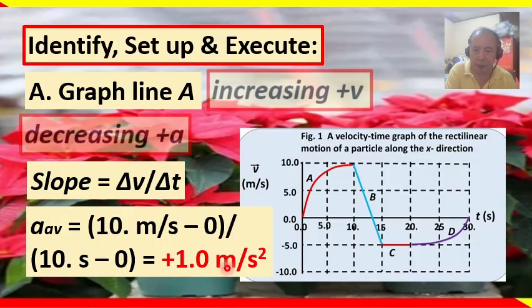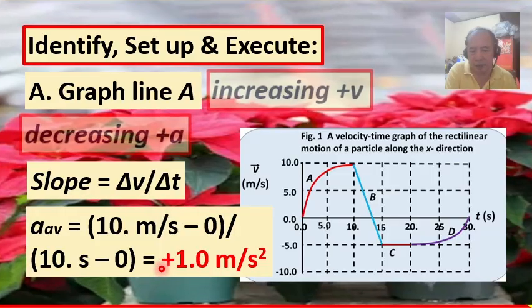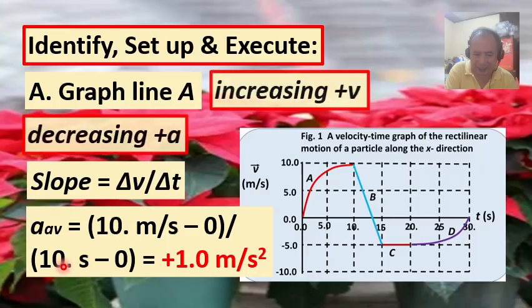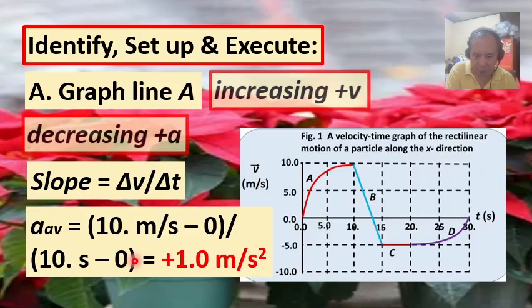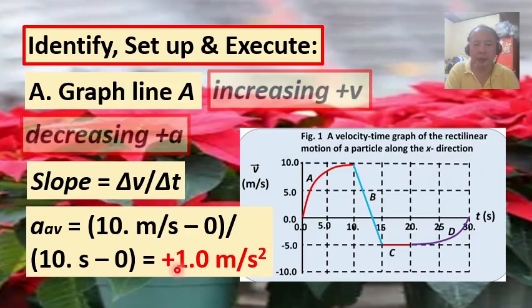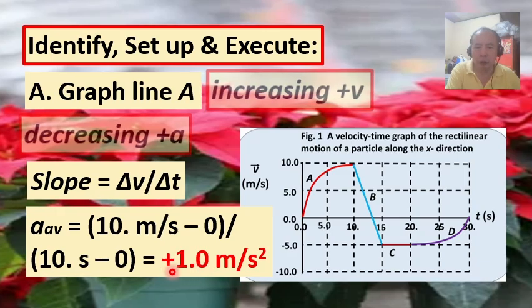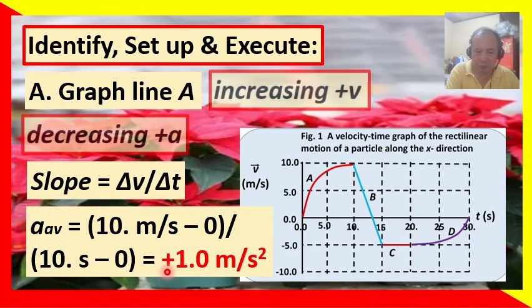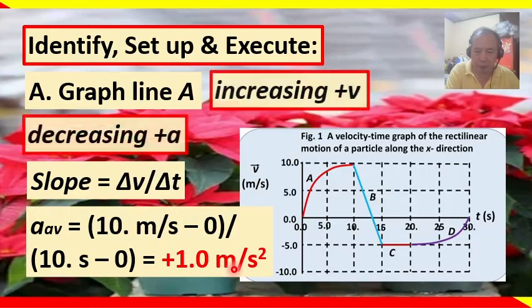That will be divided by the time interval, final time minus initial time, or 10 seconds minus 0. So when you do the math, we get the average acceleration equal to positive 1.0 meters per second squared.